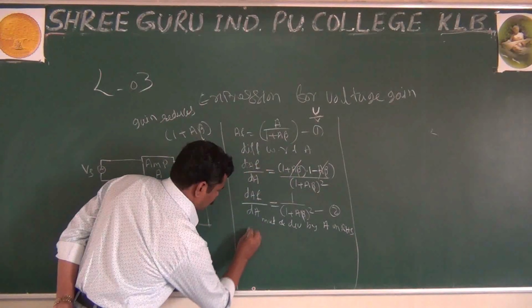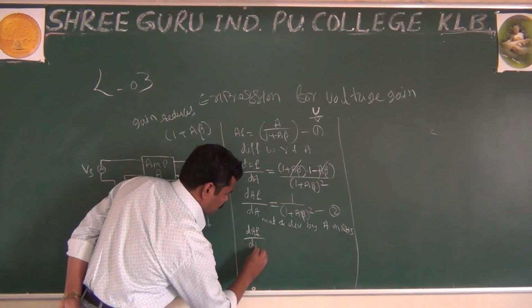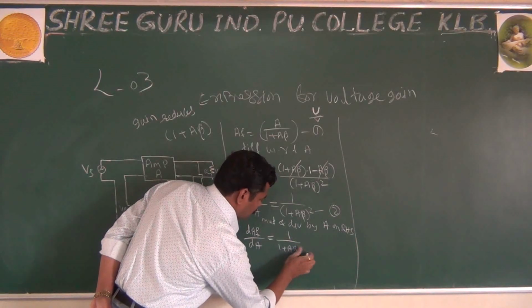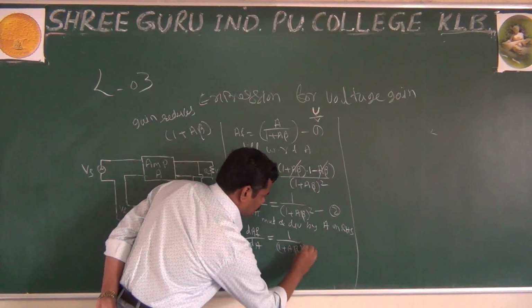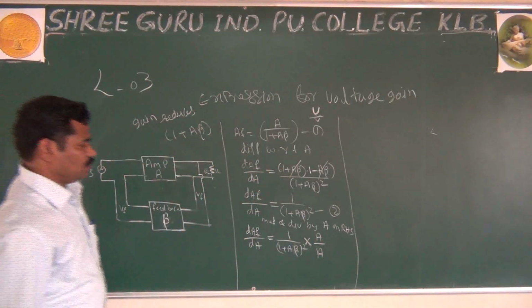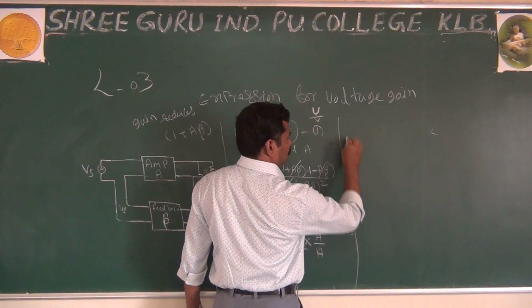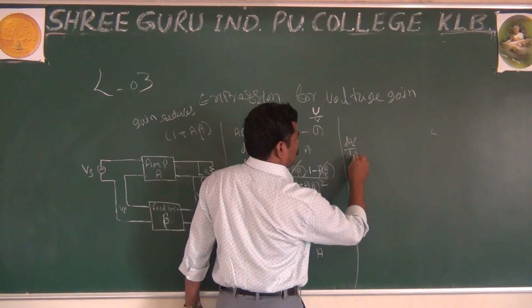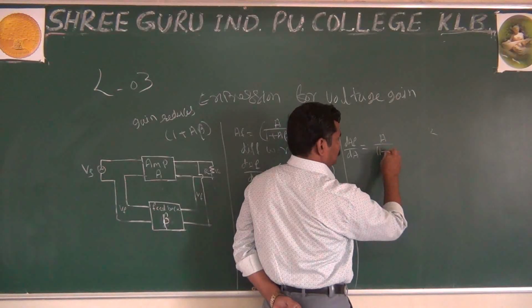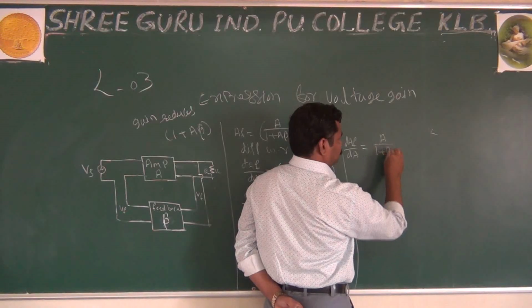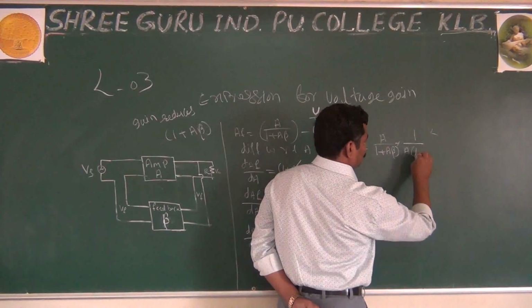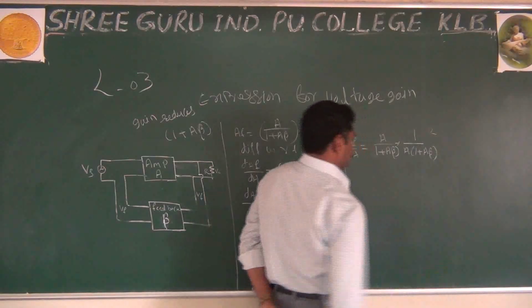That becomes dAf by dA equal to 1 divided by (1 plus A beta) whole square into A by A. Same thing we can write here also: dAf by dA can be written by splitting, that becomes A divided by (1 plus A beta), into 1 divided by A into (1 plus A beta).